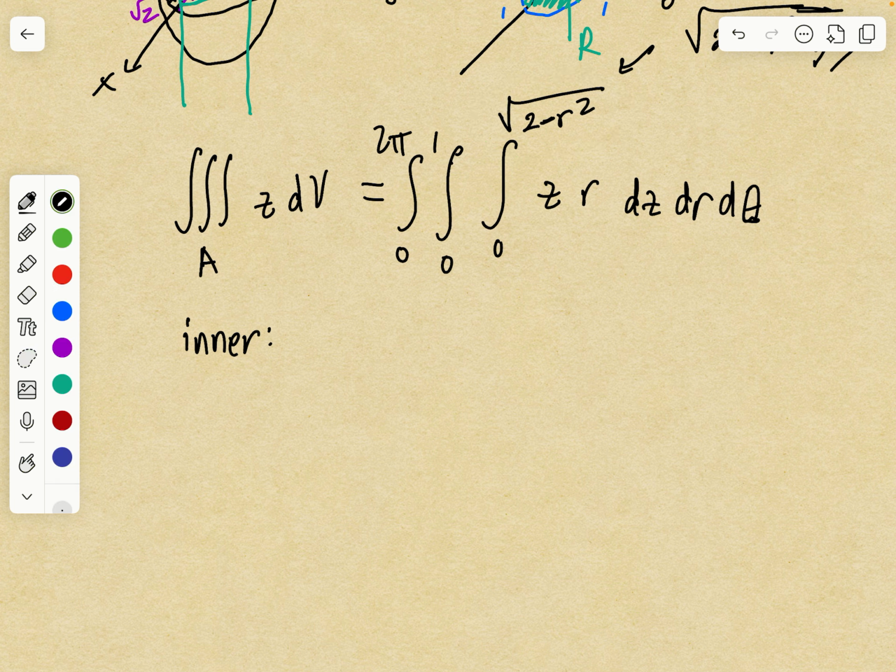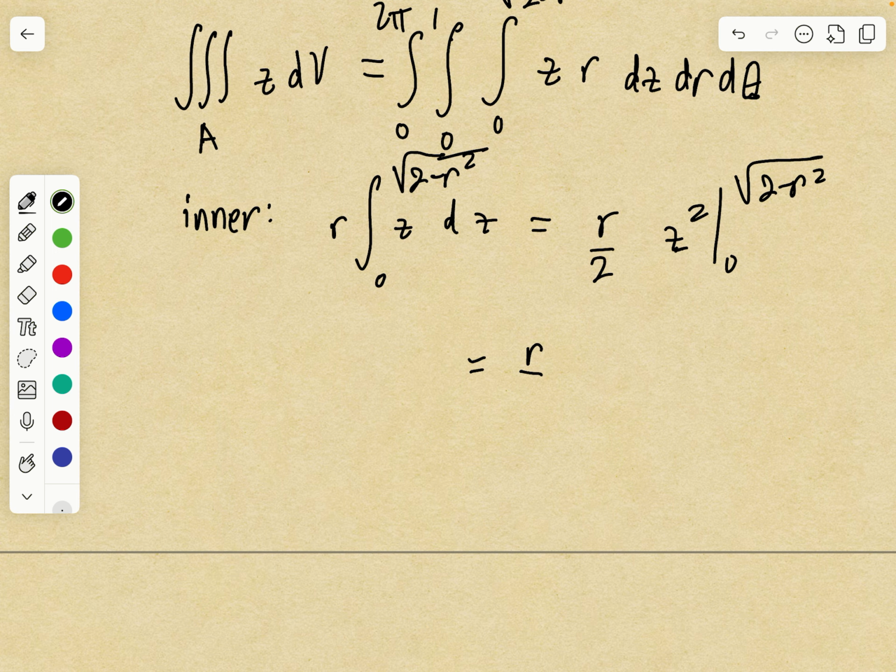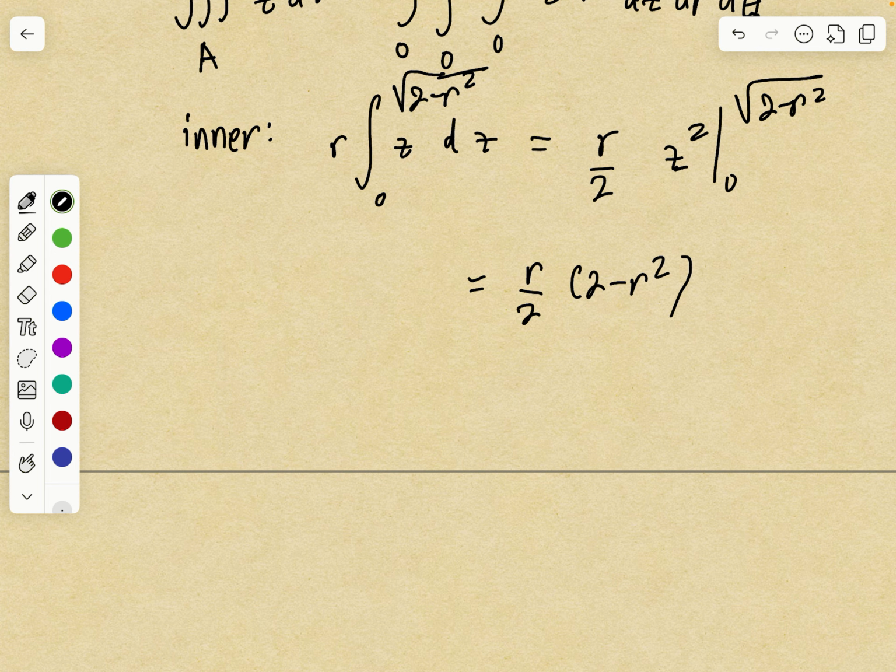So we need to do the inner integral of, well, we can move the r outside, and then you have dz from 0 to the square root of 2 minus r squared, and that's going to equal r times z squared over 2 from 0 to root 2 minus r squared, so I just moved the 1/2 out. And then this is going to equal r over 2 times the square root of 2 minus r squared squared is 2 minus r squared. And then minus 0 is just 0. And before you do the second integral, we should distribute this to make it easier for ourselves when we integrate. So you get r minus r cubed over 2.